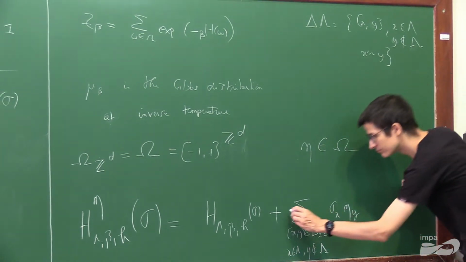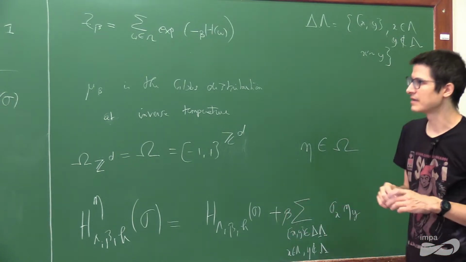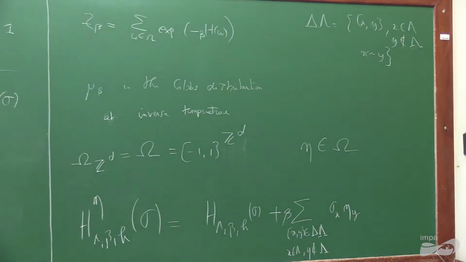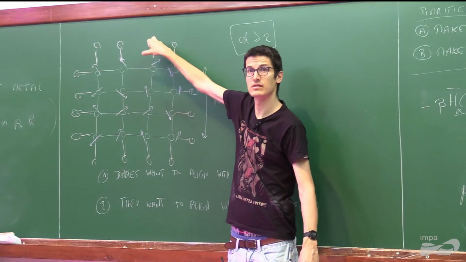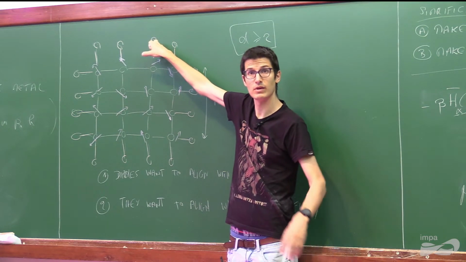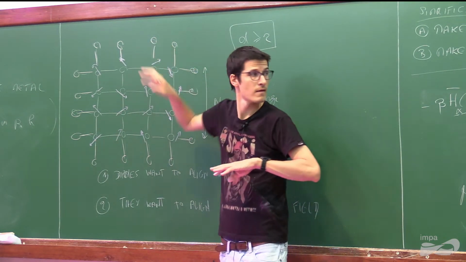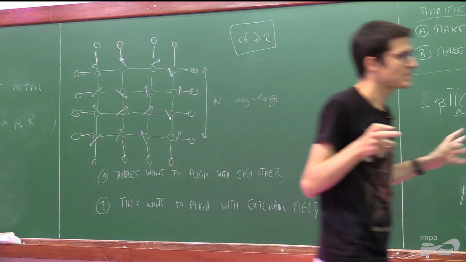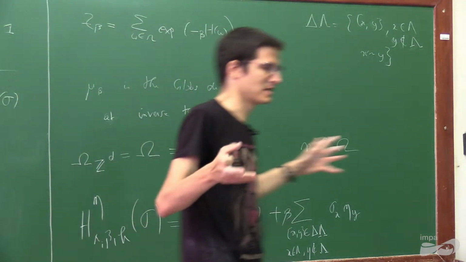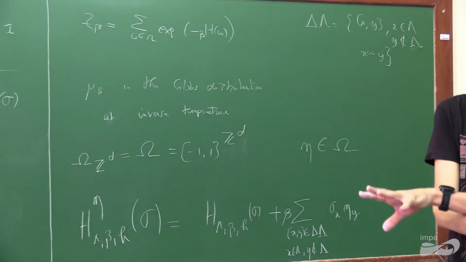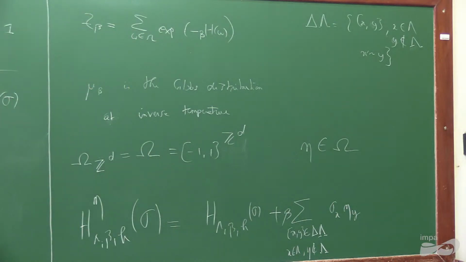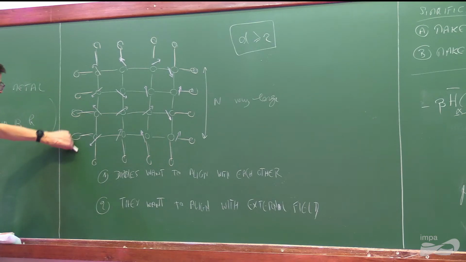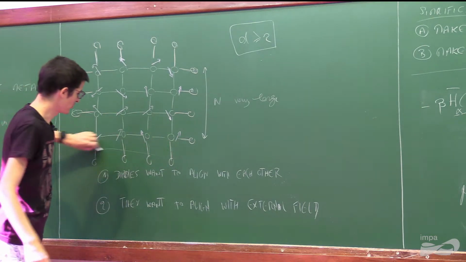Okay, so I am just taking the same thing as before, but I'm adding an extra term which accounts for the interaction of the spins with the boundary, with the external boundary. Okay, so even though I define eta on everything, including lambda, in fact, the only values that matter in order to define my Hamiltonian will be these values on the boundary.